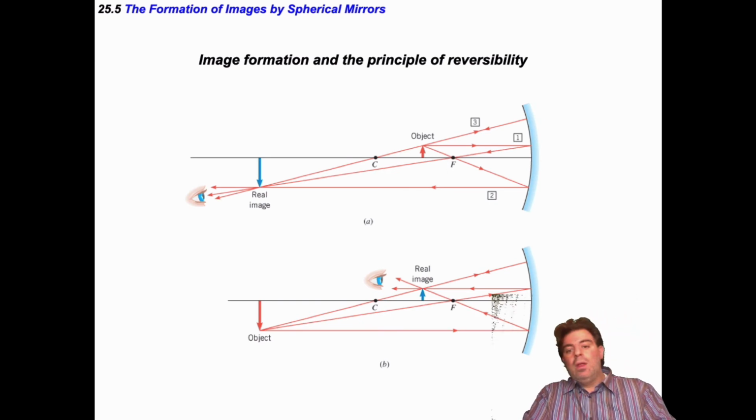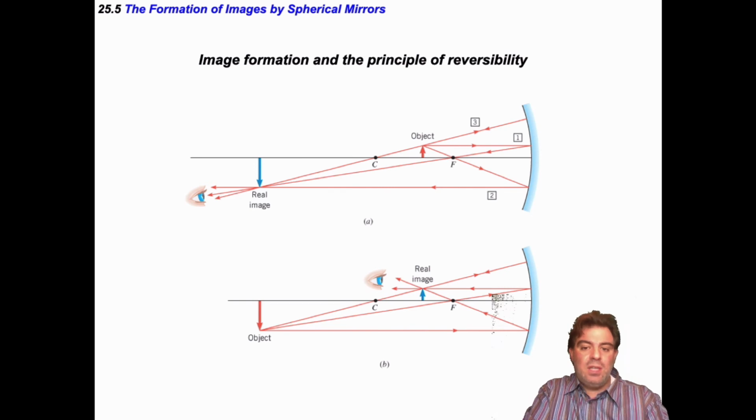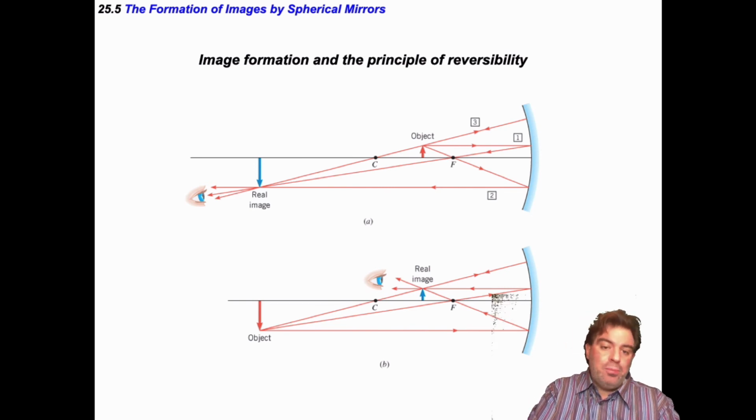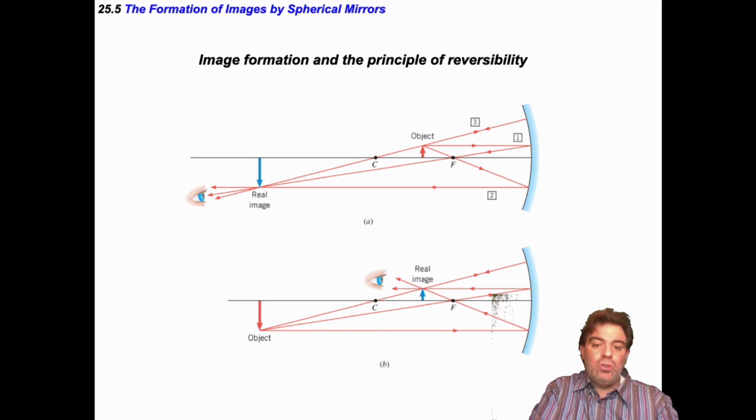So you have to memorize the three different possibilities: where the object is placed, what happens to the image, and where it forms. In our first case, we have the object between the center and the focal point. What can you see? The image that is generated is a real image. It's always going to appear beyond the center, meaning the radius.